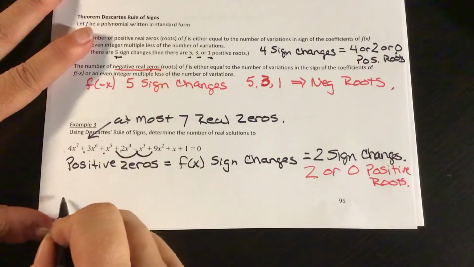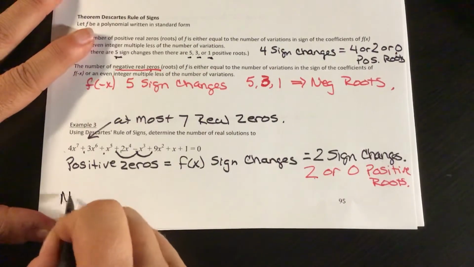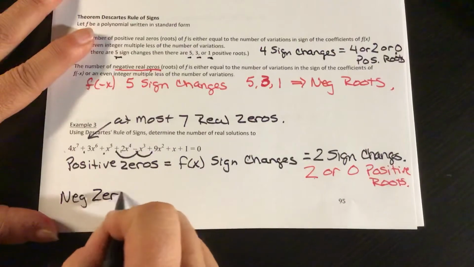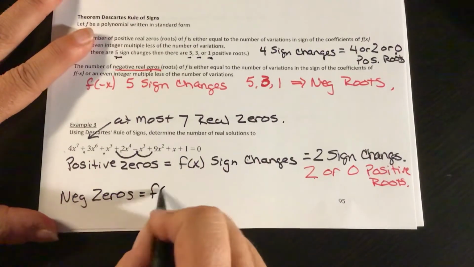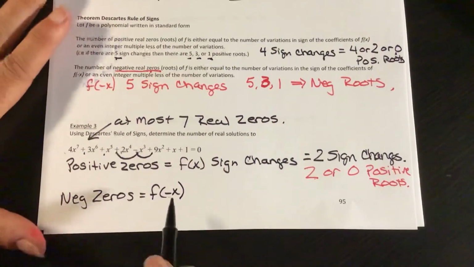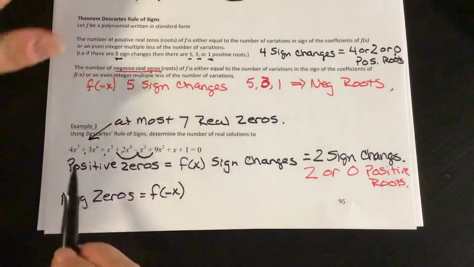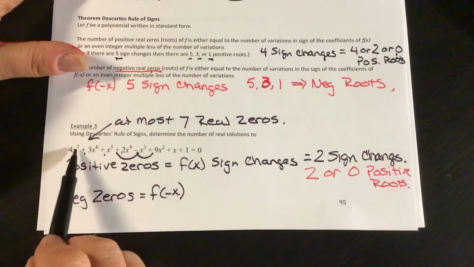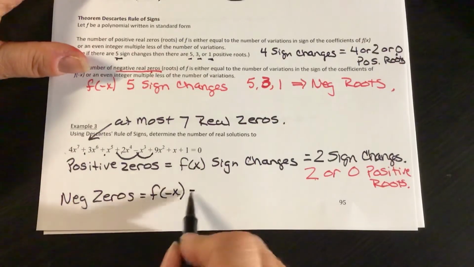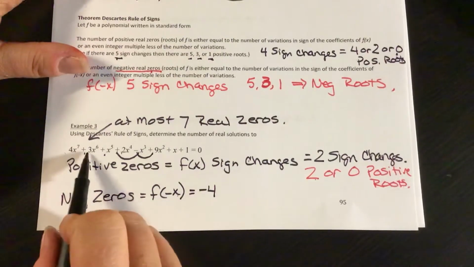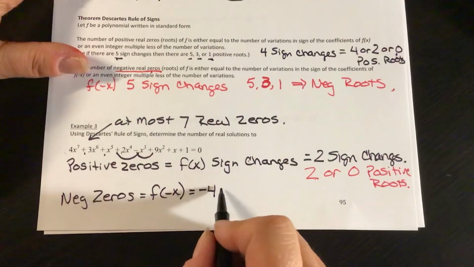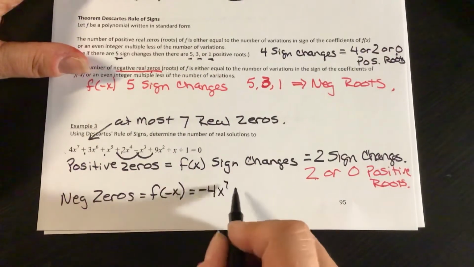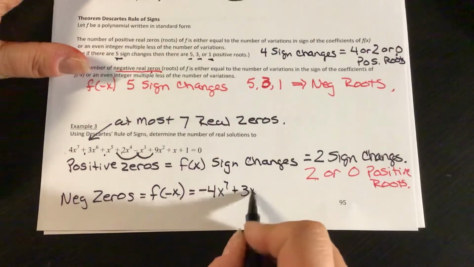If I want to look for my negative roots or negative zeros, I need to find f of negative x. Remember, for negative x, if I have an odd exponent, I'll change the sign. So this is odd, so I'm going to make this negative 4x to the 7th, plus 3x to the 6th.